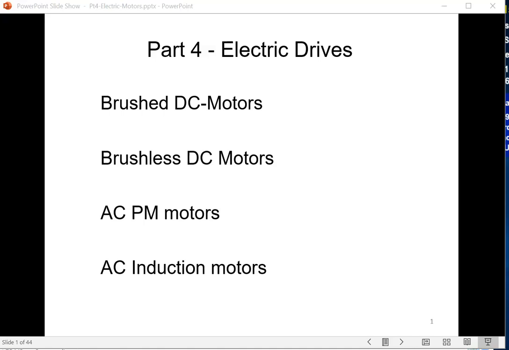Okay. Now, there are many different types of electric motors. The ones I listed here are just some of the very commonly used electrical machines.